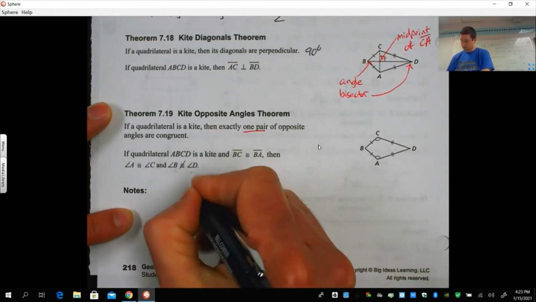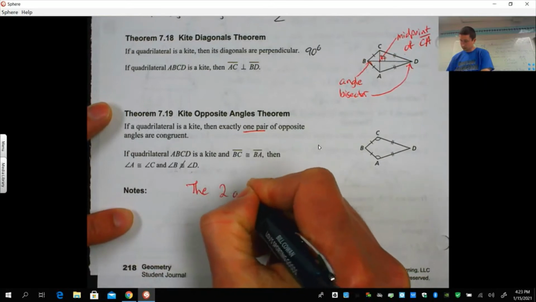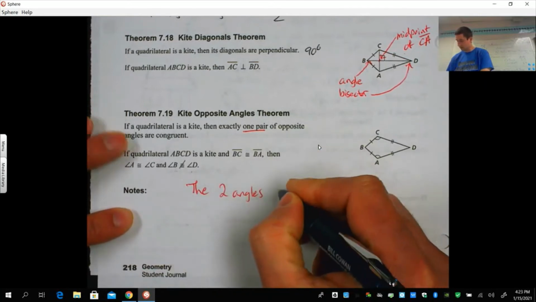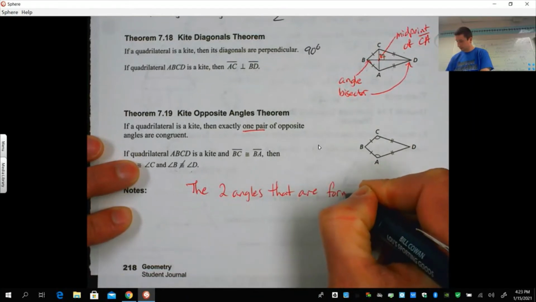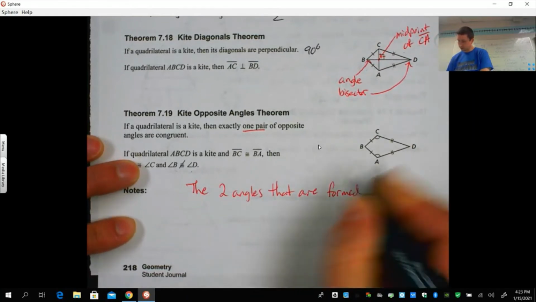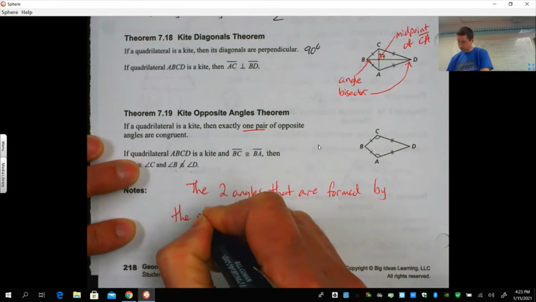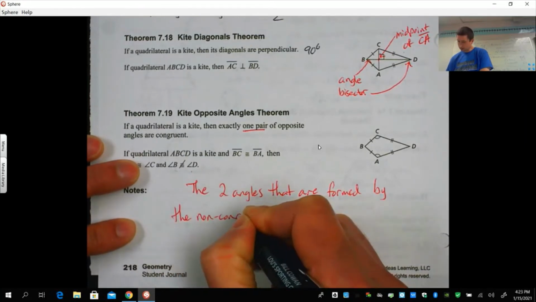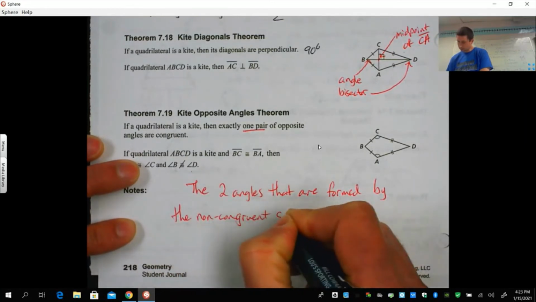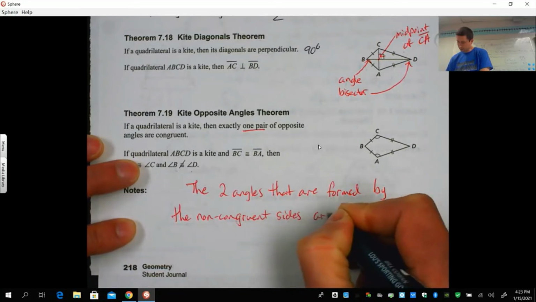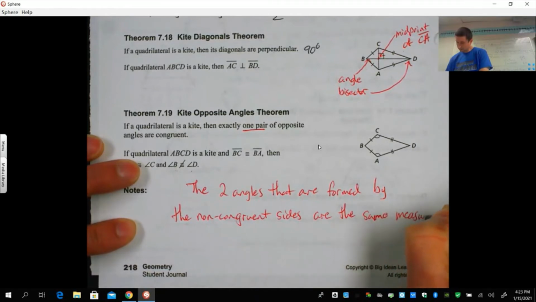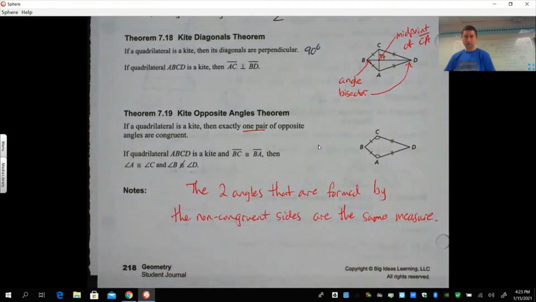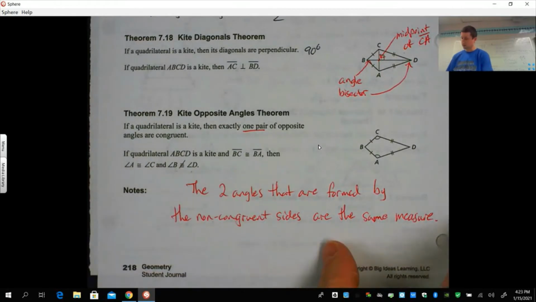Okay, so the two angles that are formed by the non-congruent sides are the same measure.